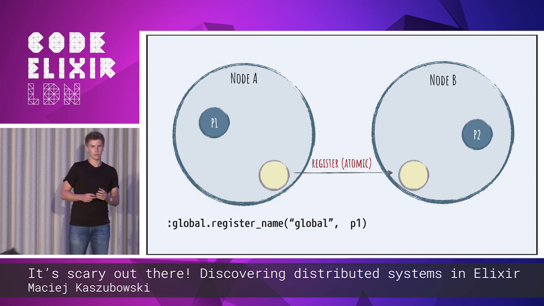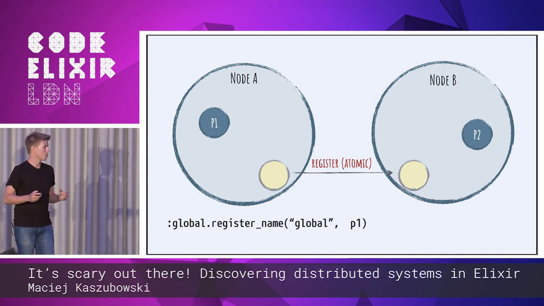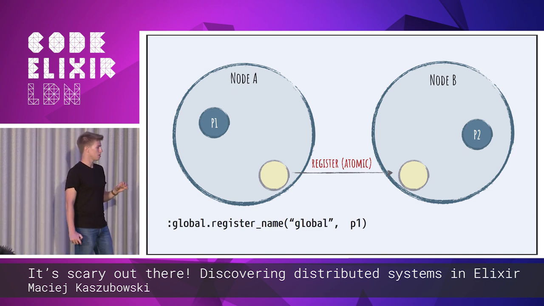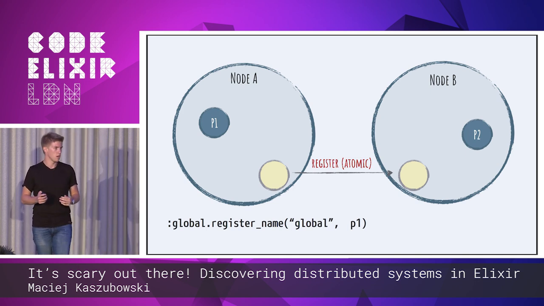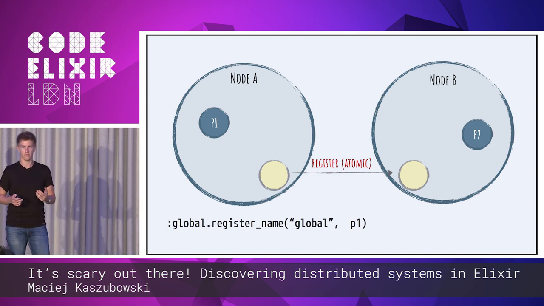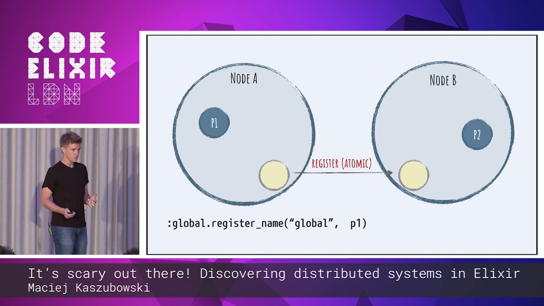It puts a lock on all of the nodes, making sure that only one process registers under the given name. It's immediately visible that it can take some time, because when you have to coordinate multiple nodes and put a lock on all of them, it can take a while.